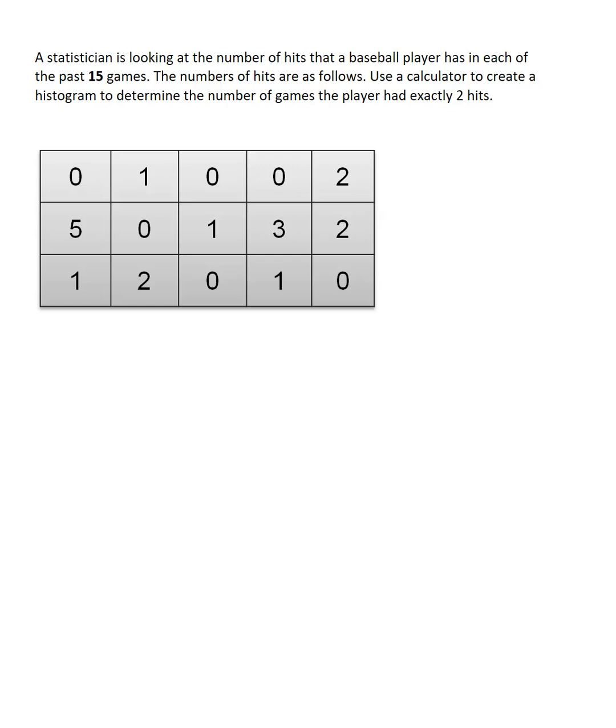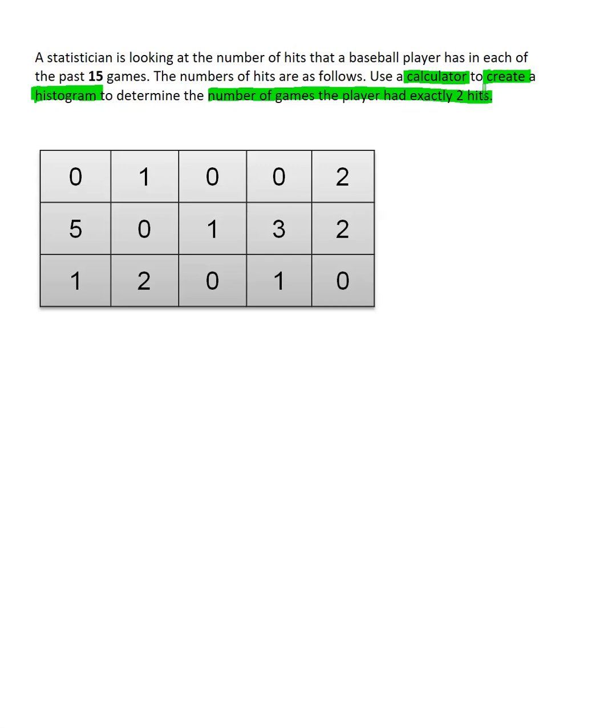Use a calculator to create a histogram to determine the number of games the player had exactly two hits. So we have a few things to do. We're going to use the calculator and create a histogram.